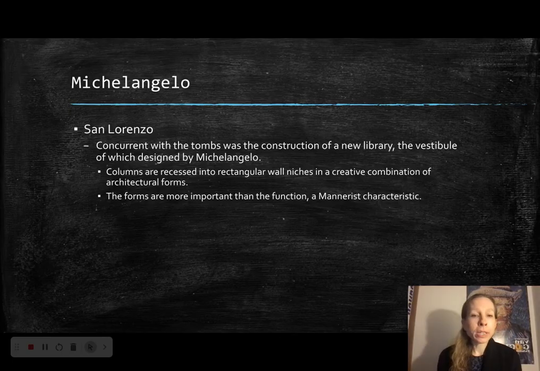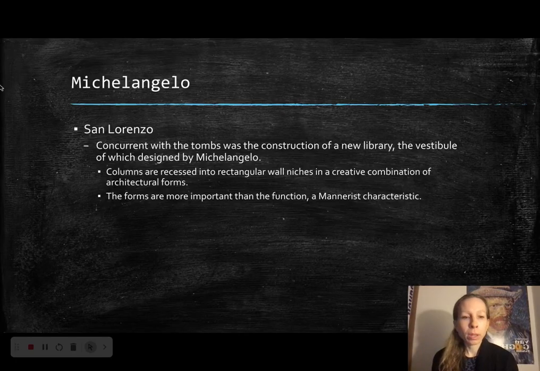Columns are recessed into rectangular wall niches in a creative combination of architectural forms. So the forms are more important than function, a Mannerist characteristic. You see a soft transition from the importance of the natural world into more Mannerism, these artifice characteristics.